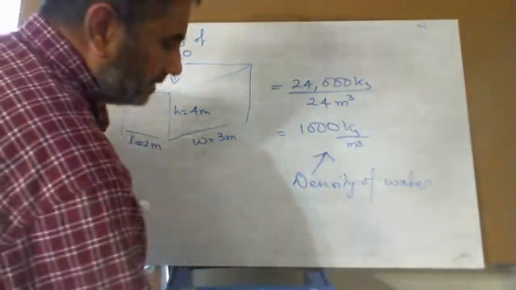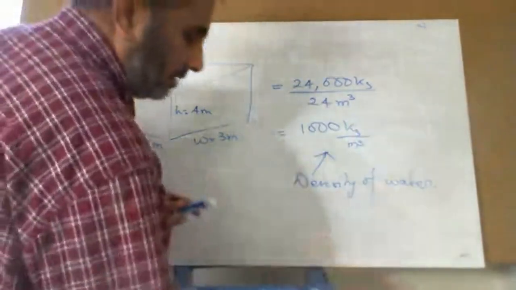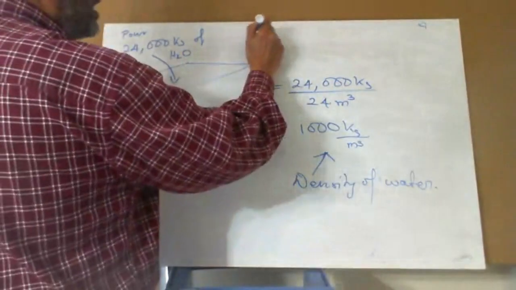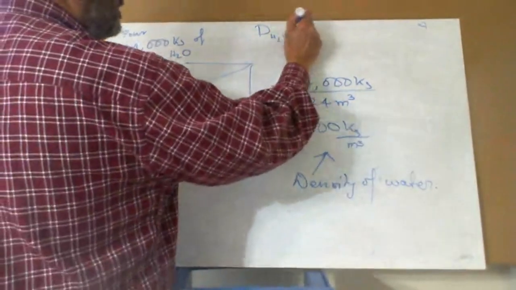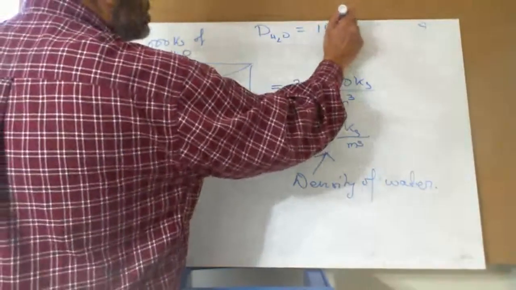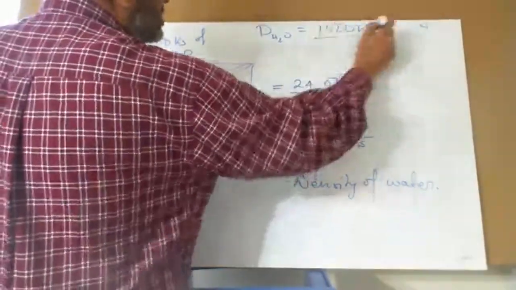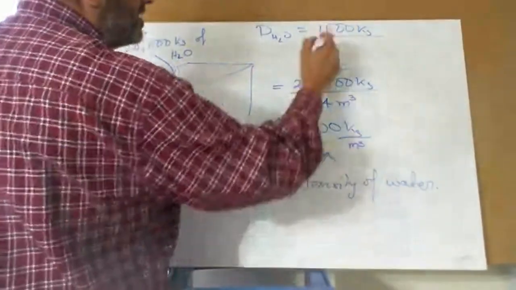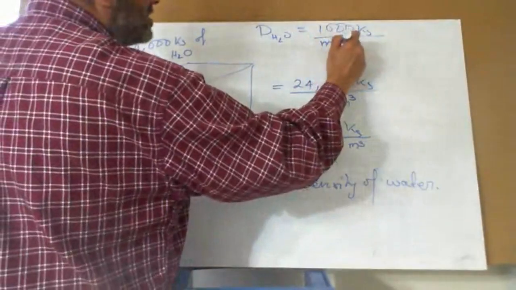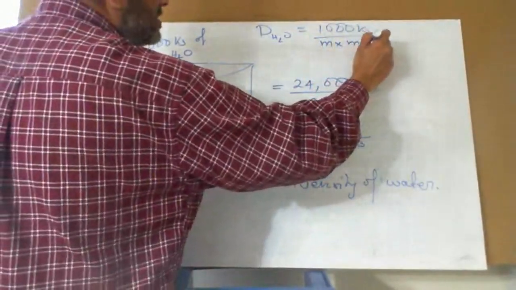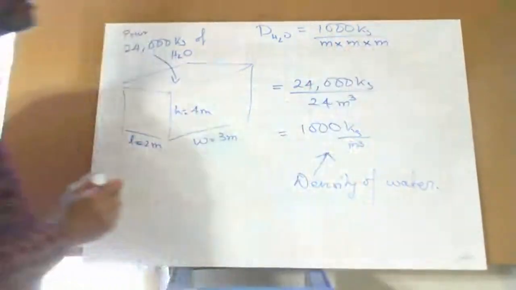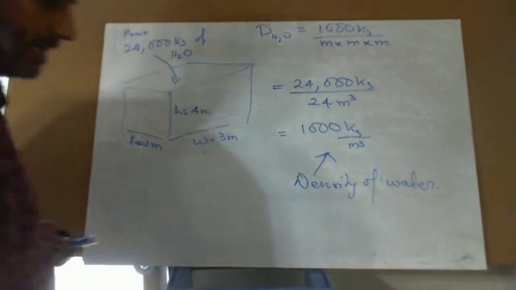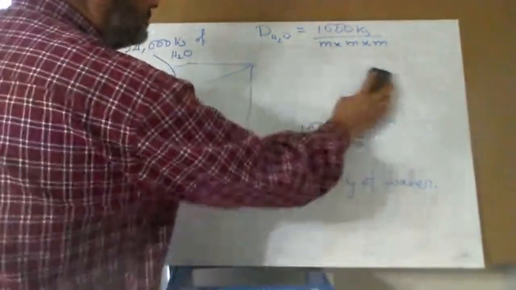All right, so let me write this on top. The density of water is 1,000 kilograms per cubic meter, and I'm going to write it this way. Cubic meter is meter times meter times meter, right? So that's the density of water.